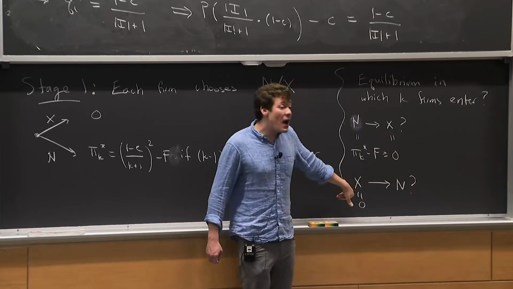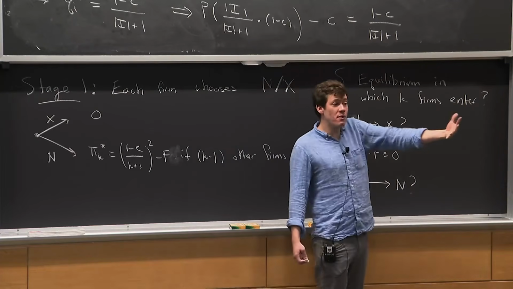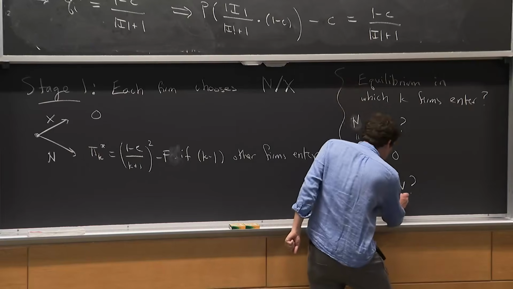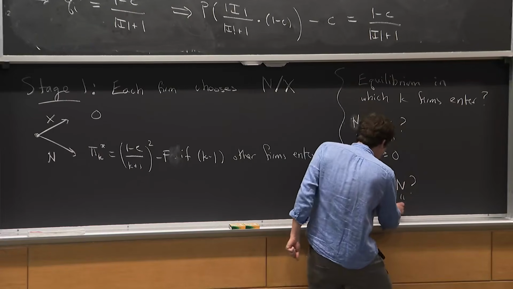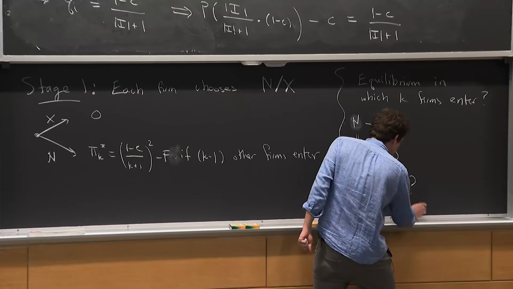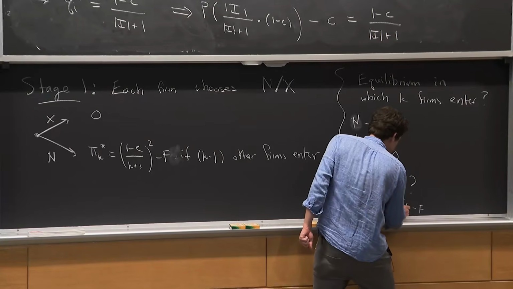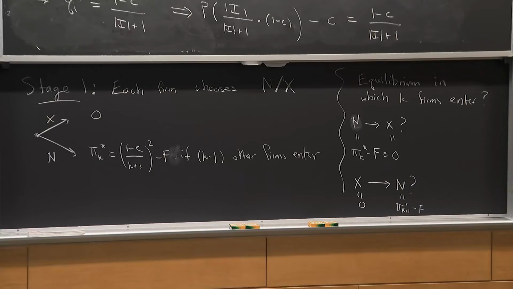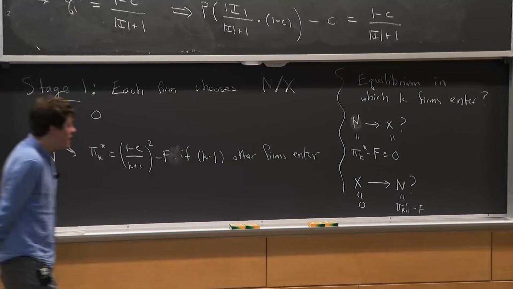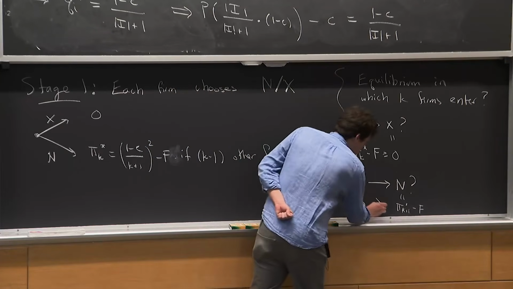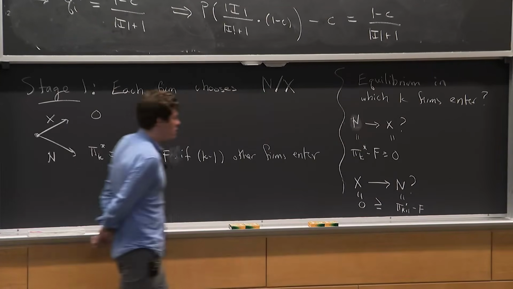But if I'm one of the firms who hadn't entered, now I face k other firms who've entered. And this means that if I enter, I'll get pi k plus 1 star minus f. Because there's already k other firms who've entered. If I deviate and enter as well, now there's k plus 1 of us who've entered. And I need this also to be unprofitable. So I need this.